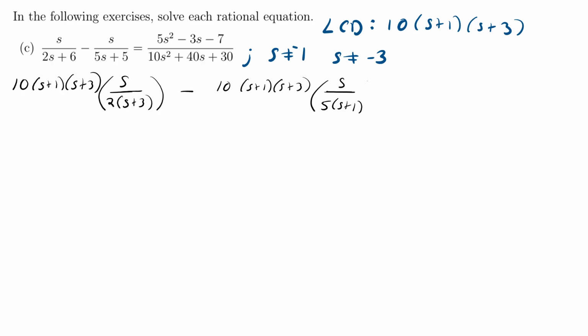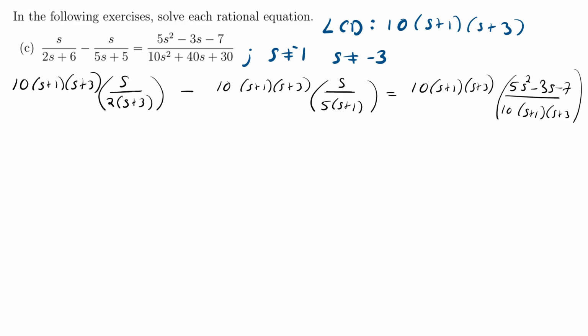So we're using that factored form that we came up with, equals 10 times s plus 1, s plus 3, times 5s squared minus 5s minus 7, all divided by my 10 times s plus 1 and s plus 3.